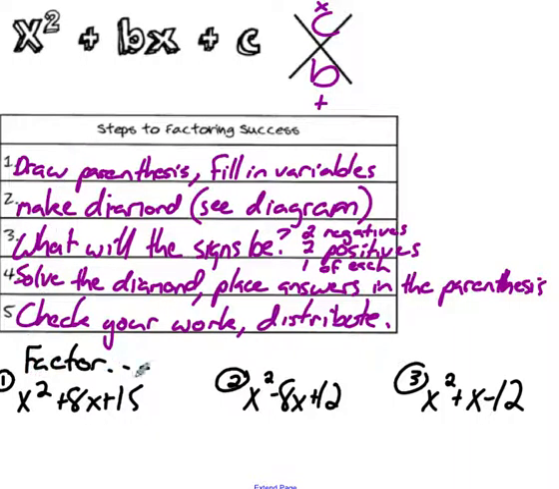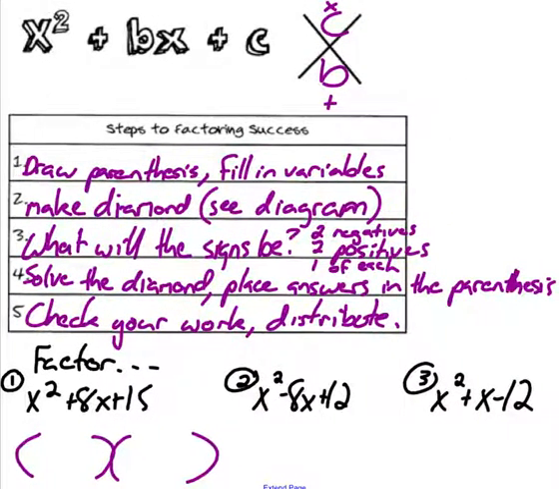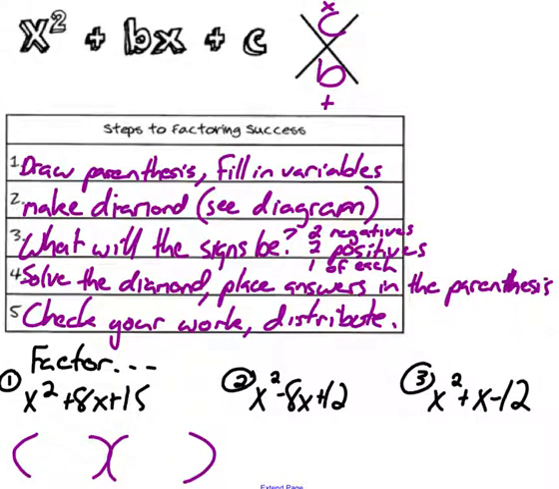So here we have 3 examples. To do this, we are hoping to factor it, which means that it will look like something times something. Now, those somethings will be polynomials or binomials in this case usually. So we're going to draw the parentheses, and x's will be at the front of these.